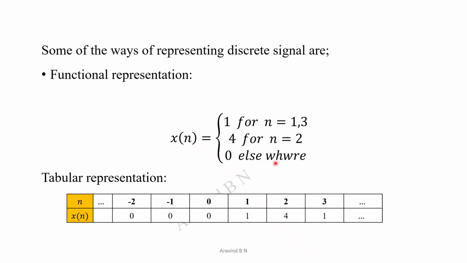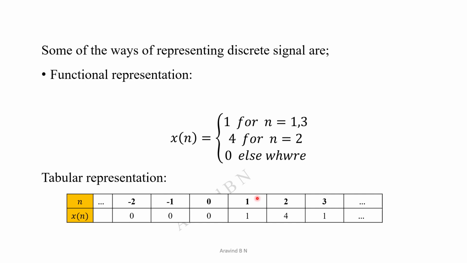The same signal can also be represented in another form. That's the second one, the tabular representation. In this, n takes the values starting from -2, -1, 0, 1, 2, 3, and so on, on both the positive side as well as the negative side. Now if we represent the same thing in tabular form, at locations n equal to 1 and 3, the value is equal to 1.